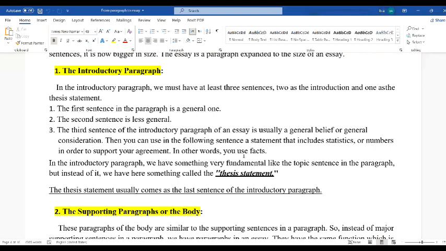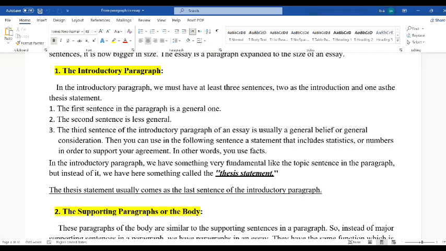In other words, you use facts. The word statistics means, for example, when I want to talk about smoking, I need to mention the percentage of smokers around the world.